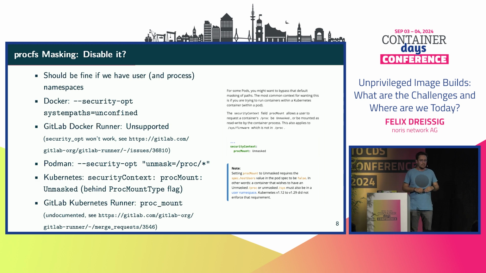Unfortunately, as I just found out very recently, you currently can't do this if you're using GitLab runner with the Docker executor, because you just can't pass this security option to the Docker daemon, which is a bit of a shame. There's an open issue for it. But this is a limitation we currently have to deal with.